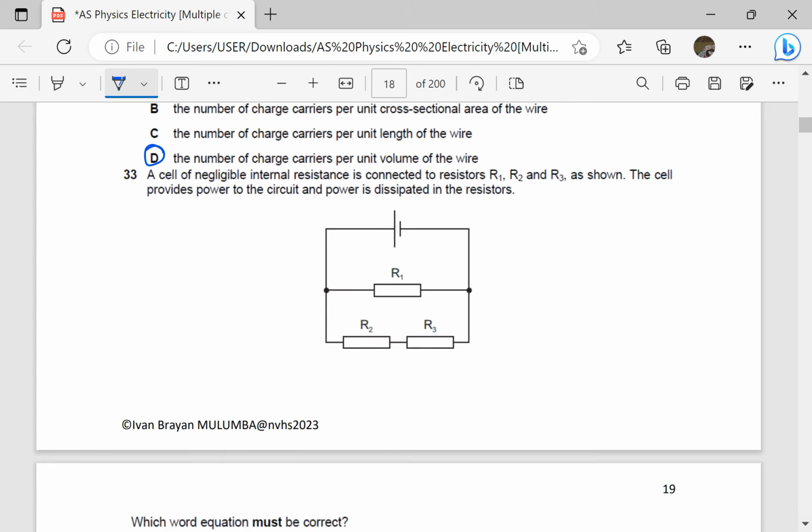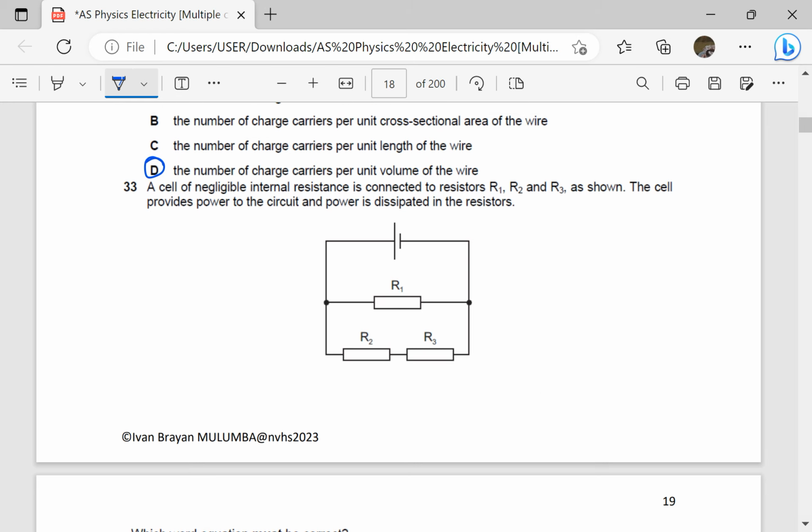A cell of negligible internal resistance is connected to resistors R1, R2, and R3 as shown. The cell provides power to the circuit, and power is dissipated in the resistors. Okay, so we know that power is equal to V squared over R. The power here is going to be V squared over R1.